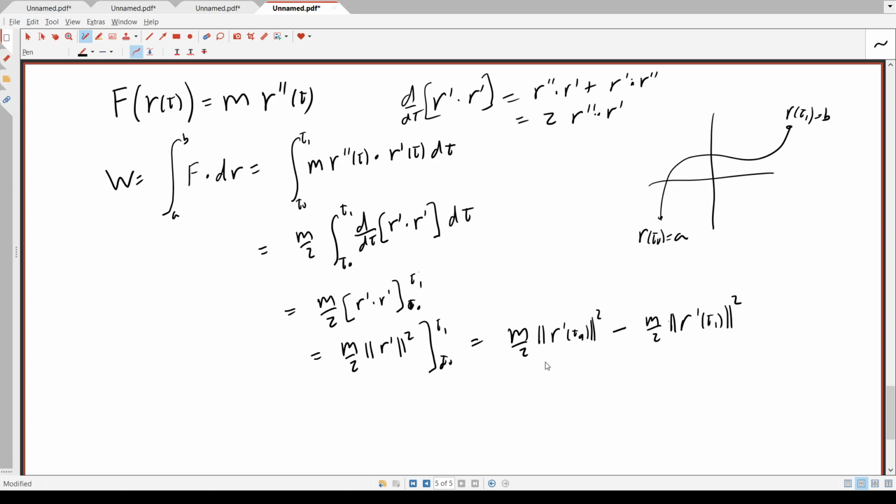So does anybody recognize this term, or what these terms represent?